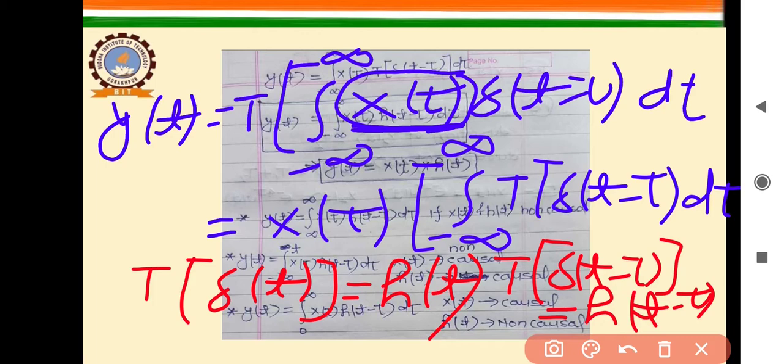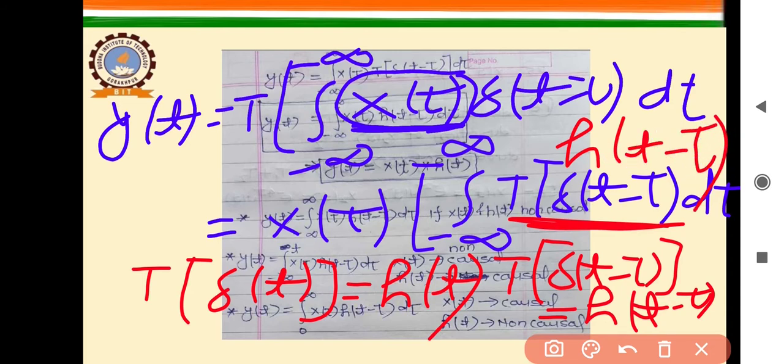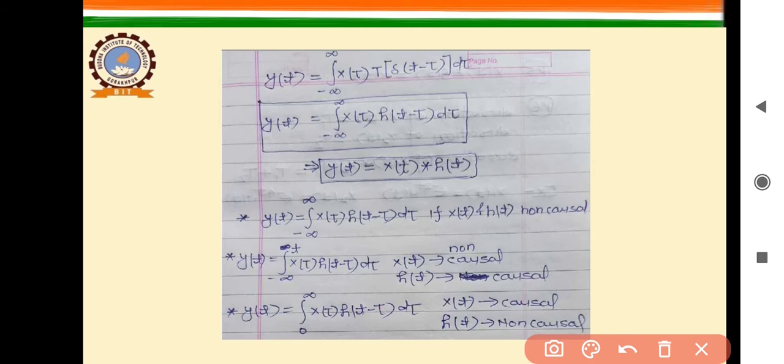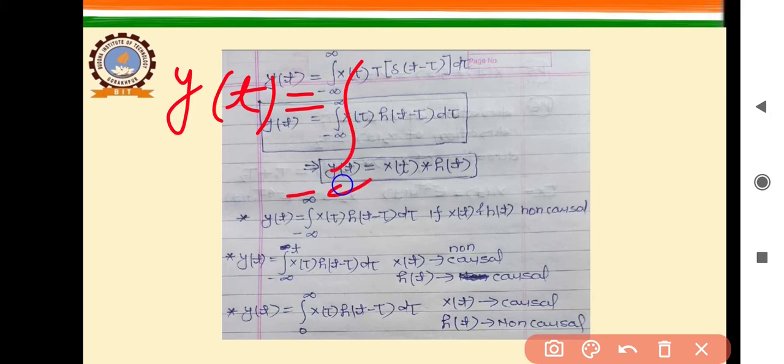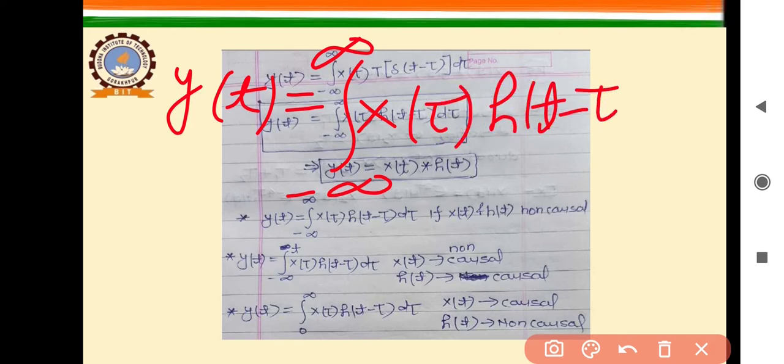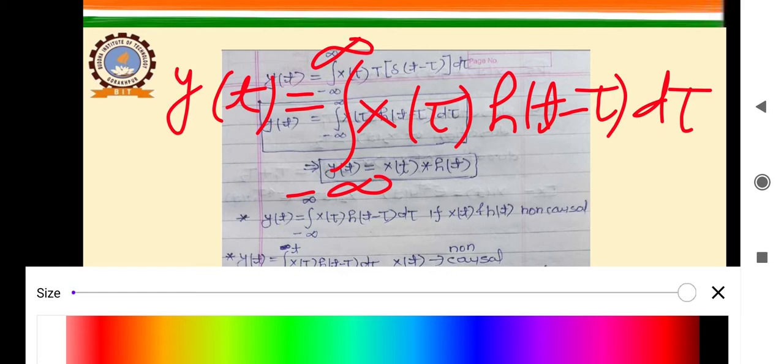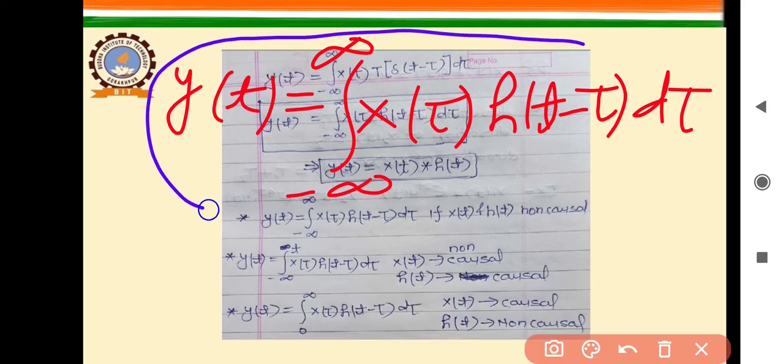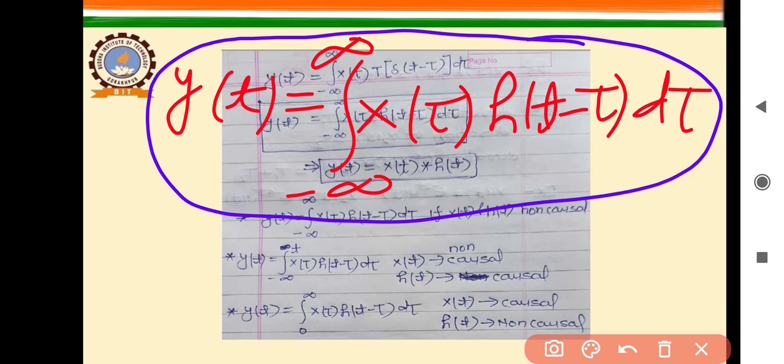So in place of this delta of t minus tau, we can put h of t minus tau, and this integration will become y of t is equal to the integration from minus infinity to plus infinity of x of tau h of t minus tau d tau. This is what we call the convolution integral.